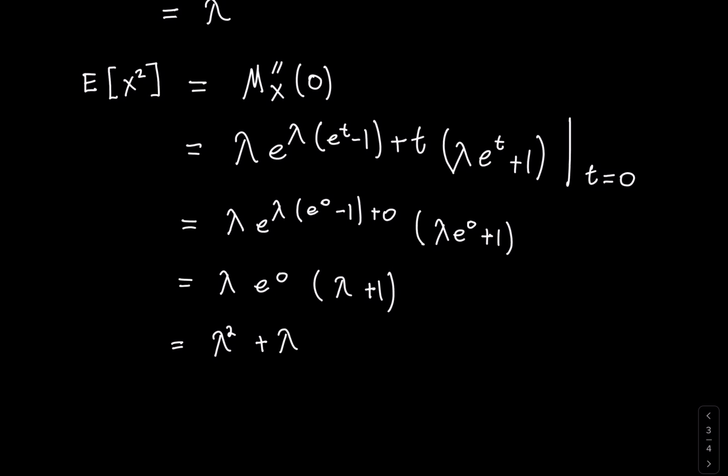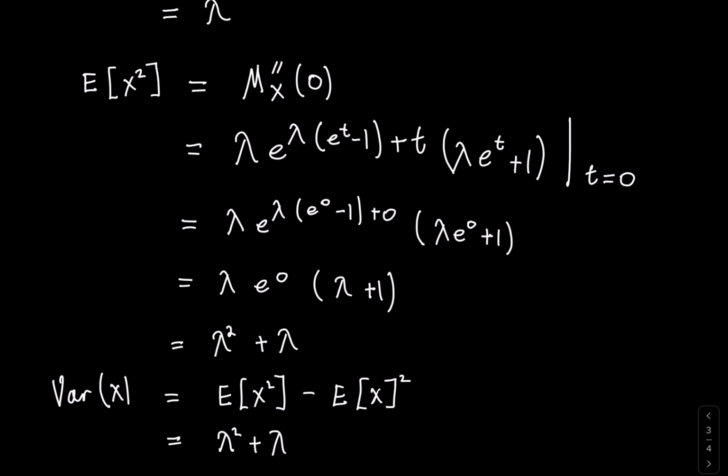Finally, we can calculate the variance of x. The variance of x is equal to the expected value of x squared minus the expected value of x all squared, which in this case becomes lambda squared plus lambda minus, and then we have our expression up here at the top for lambda.